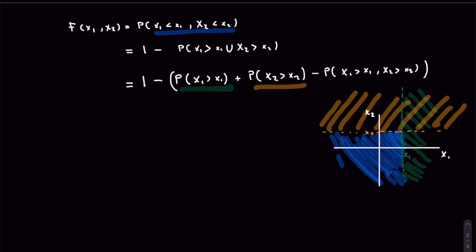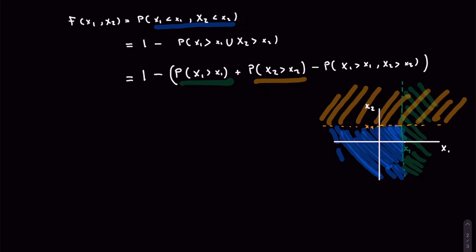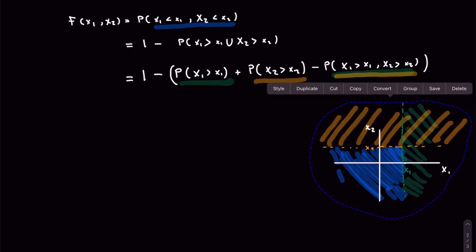So this is why we are subtracting off this region here, and why this event is equivalent to that event here. Just to clarify, this is both the green and the orange area twice. I hope that makes sense.